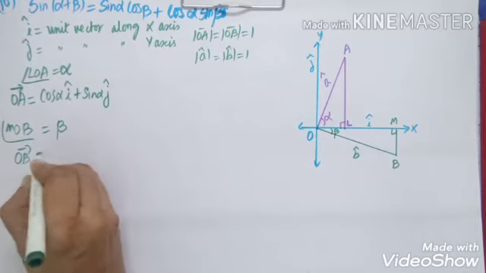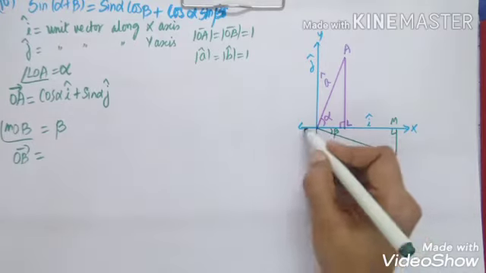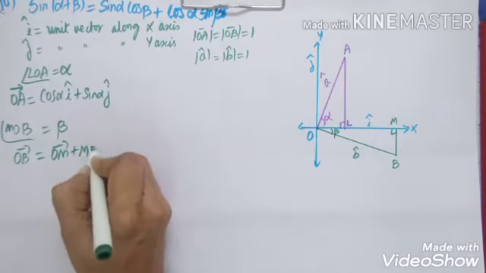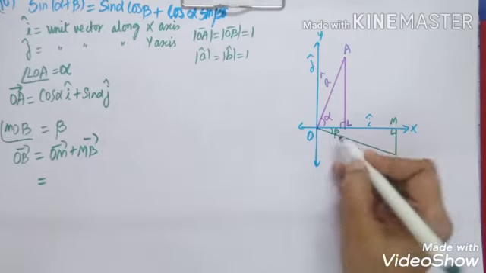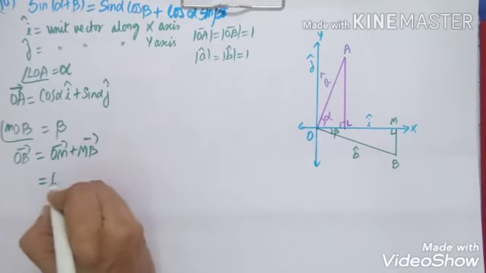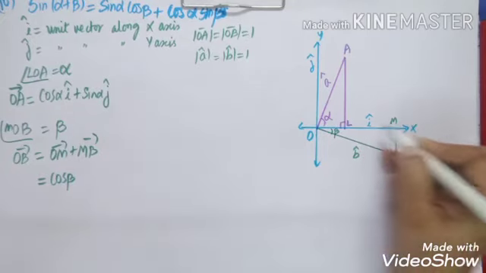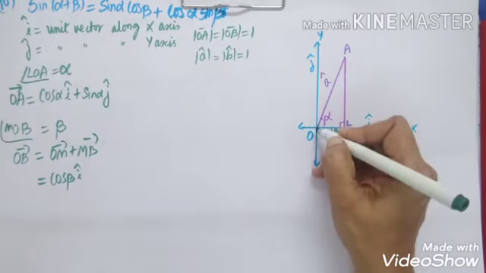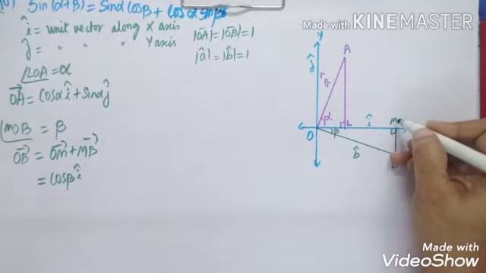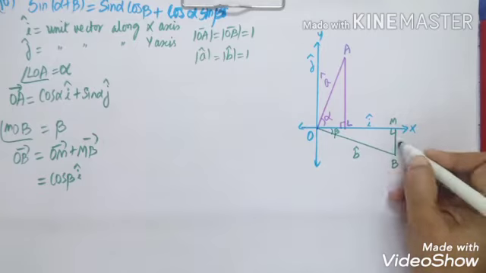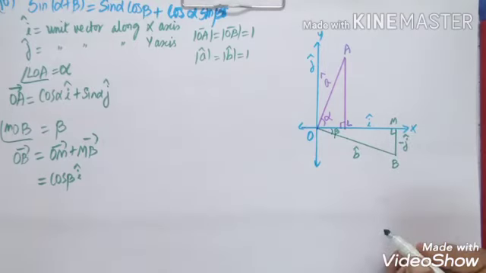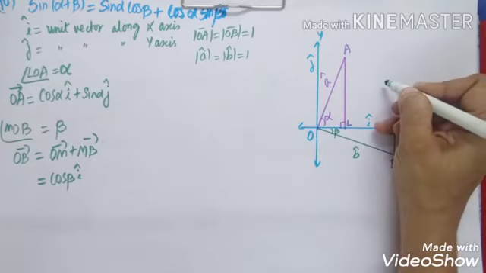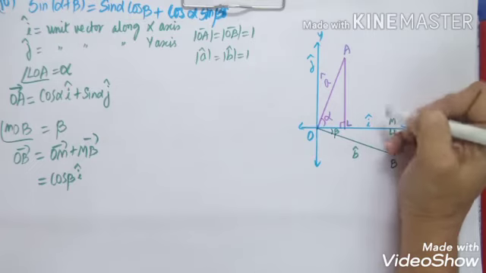How to write the OB vector? It is OM plus MB. What is OM? It is the adjacent side, so cos beta, and it is in the i direction. What about MB? j goes upward, MB goes downward. So what direction is it? Minus j. In the previous problem, B was on the first quadrant, so I said plus j vector.